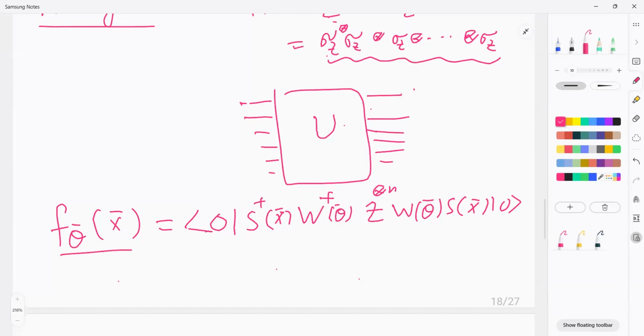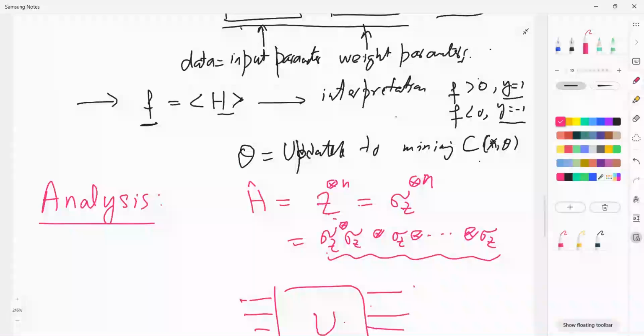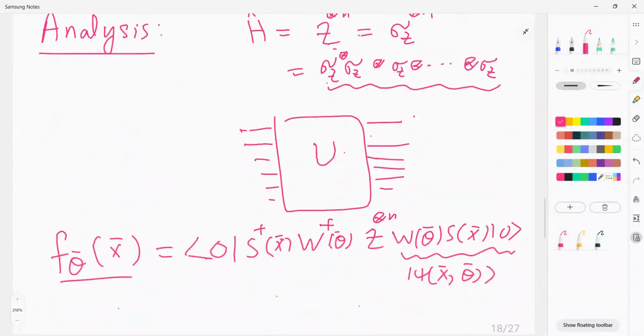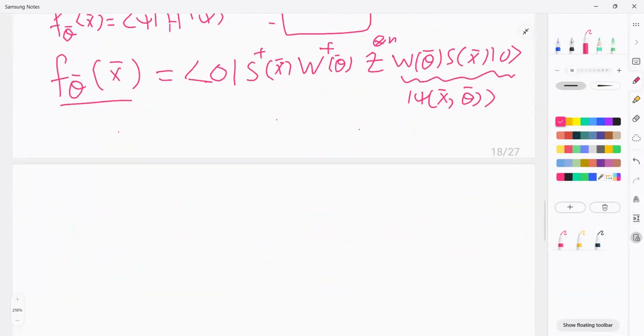So this expectation value is just this because this is the state psi of x theta at the output. So the state here is psi x theta, and the expectation value of H is nothing but psi, H, and this side is just the dagger of this state.